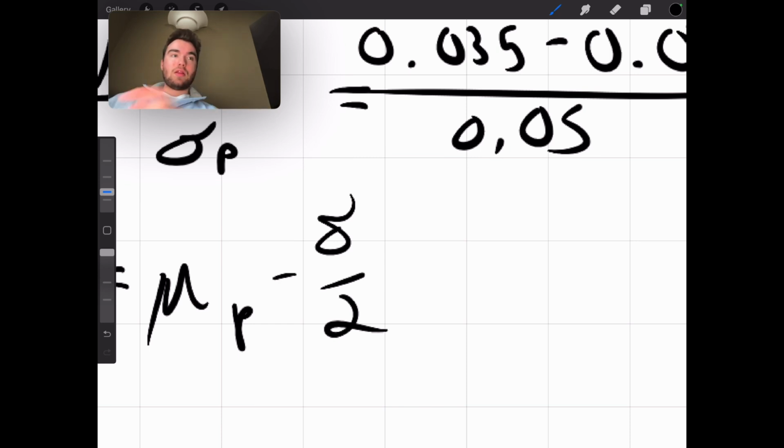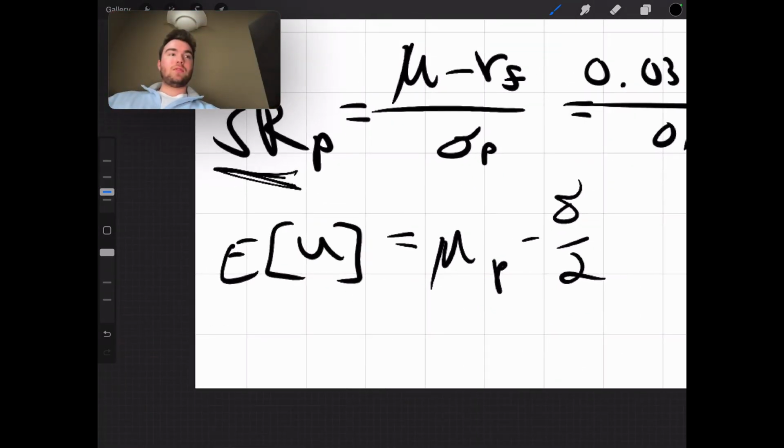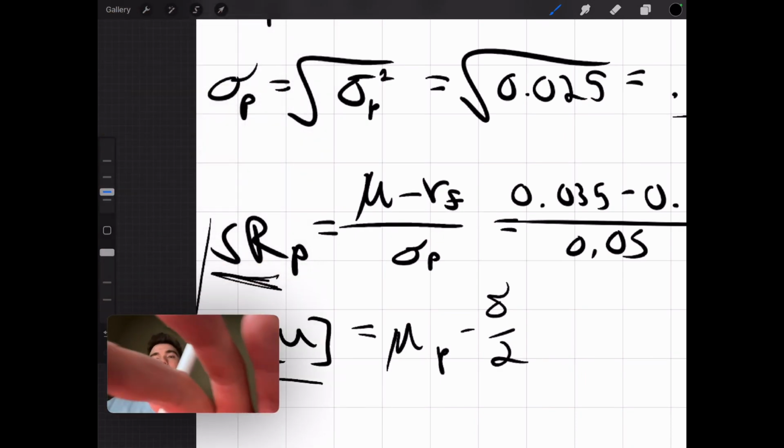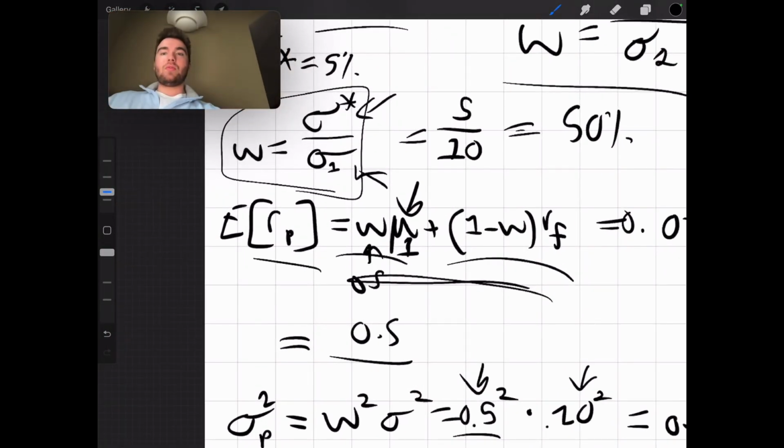That means we're not necessarily too interested in the expected utility, although we do need to find what has the highest utility. It's more important to find the expected return of the portfolio because we're doing the expected return strategy. This is the expected return.